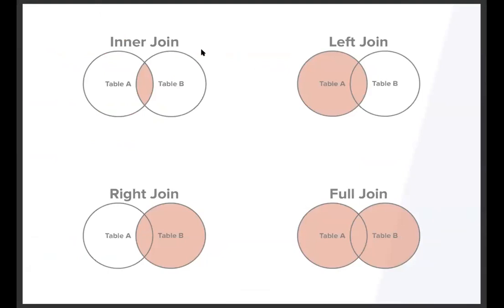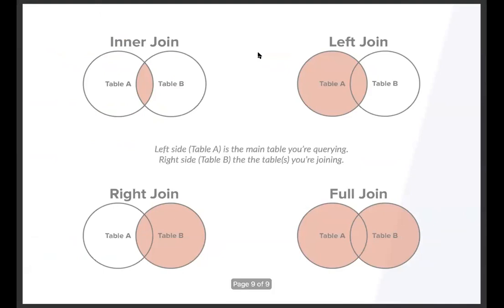Okay, so these are some of the different types of joins we have. Now, when I say sides, usually the left side of the join, or table A, is the main table that you're querying. And the right side of the join, or table B, is the tables that you're joining in. So when we're determining the type of join that we want to use, we're thinking about which side of the join is allowed to be empty, is allowed to be null.